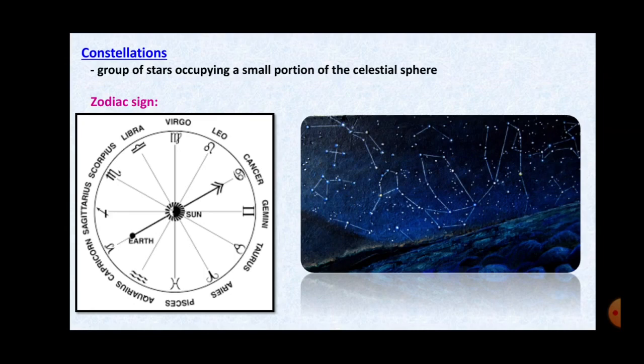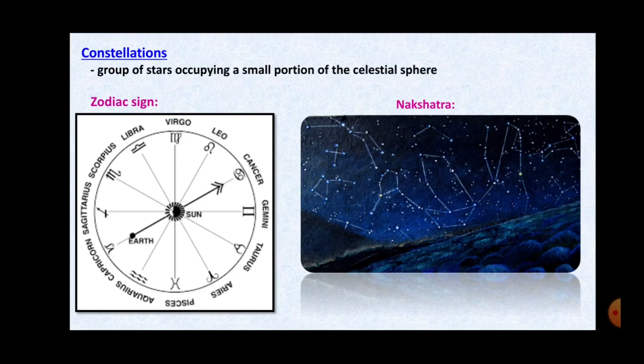Then there are 27 nakshatras, right? Now as you know, the moon completes one revolution around the earth in approximately 27.3 days. Now the portion which is traversed by the moon in one day is called a nakshatra, right?